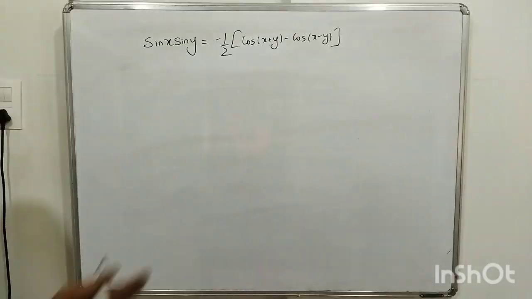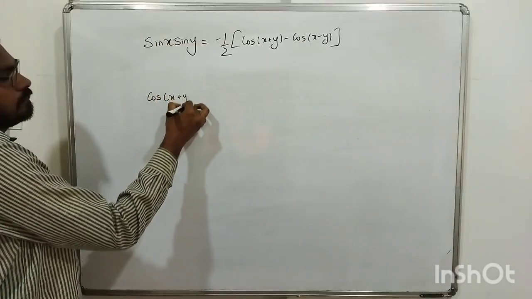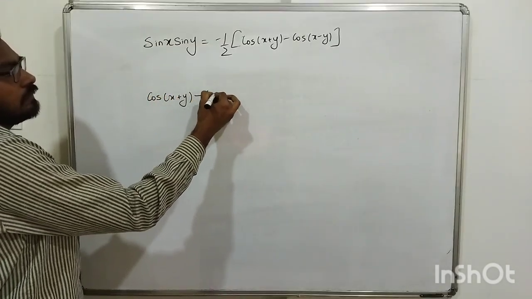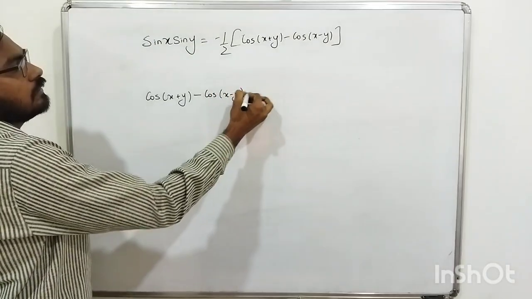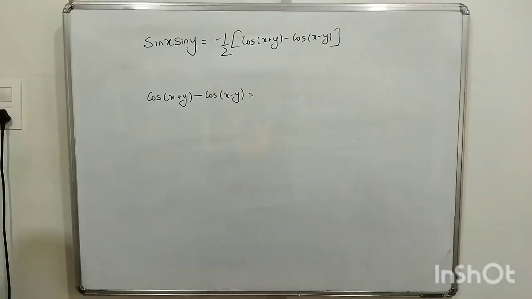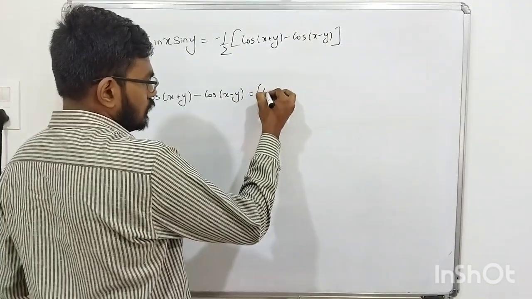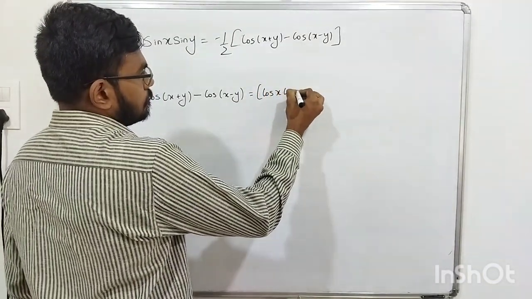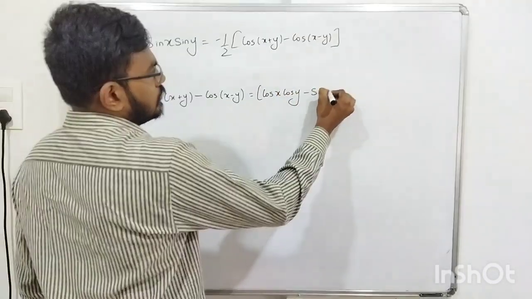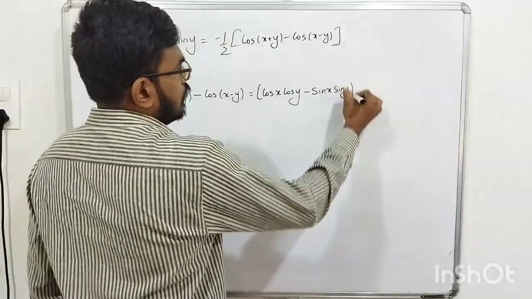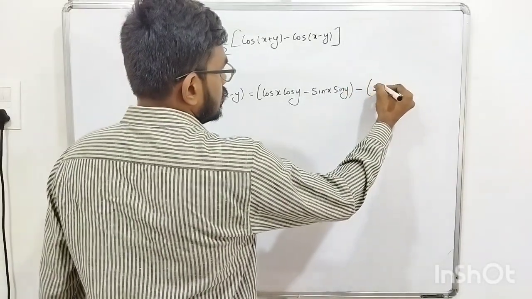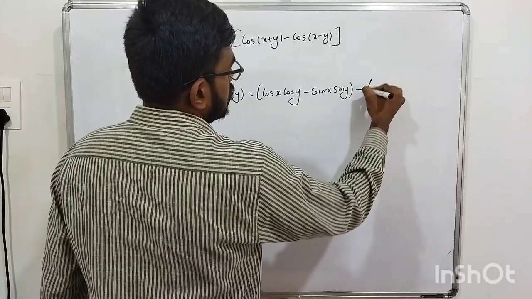So again here, cos of x plus y minus cos of x minus y, as we saw in the previous formula, it is cos x cos y minus sin x sin y, and minus in the middle, cos x cos y plus sin x sin y.